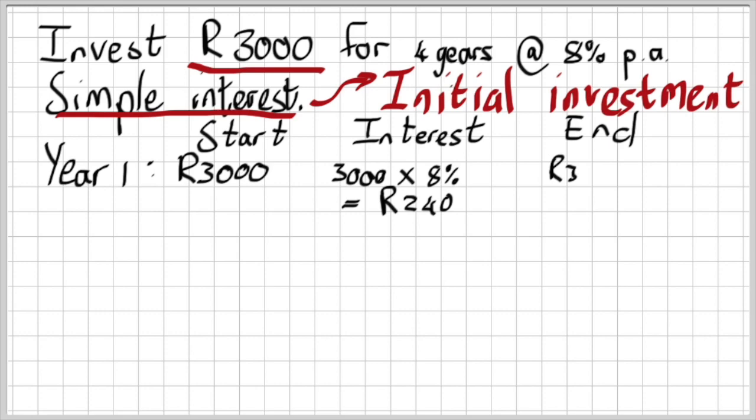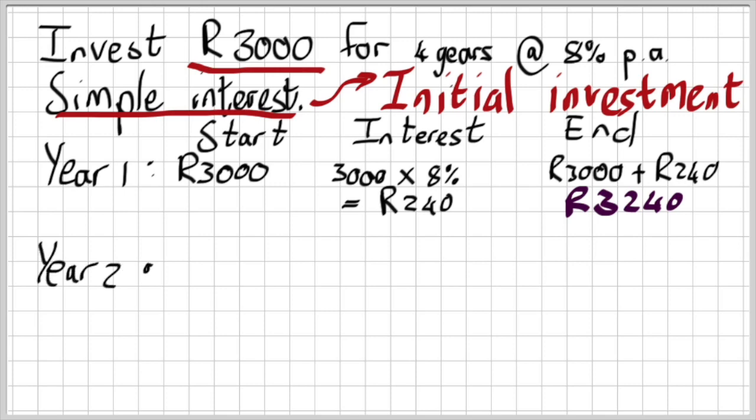So how much will I then end up with at the end of that year? Remember, I'm taking the 3,000 Rand and I'm adding 240 Rand. So at the end of the year, there's 3,240 Rand.